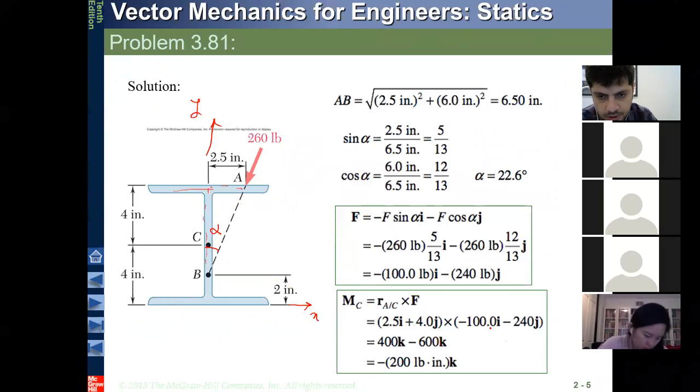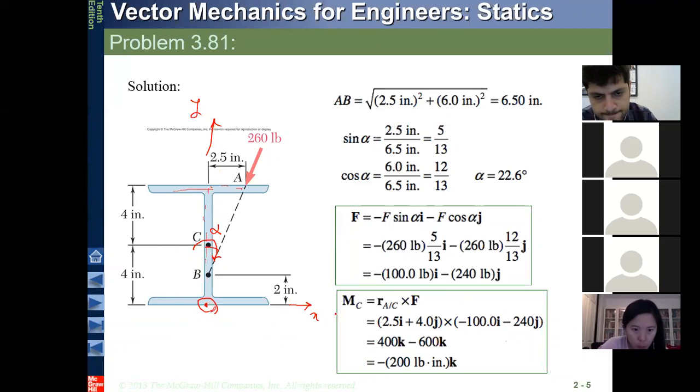based on this equation, and then you're going to have a moment about point C, which is actually along the axis that comes out of the plane. If it is x and it is y, then you're going to have z positive out of the plane.